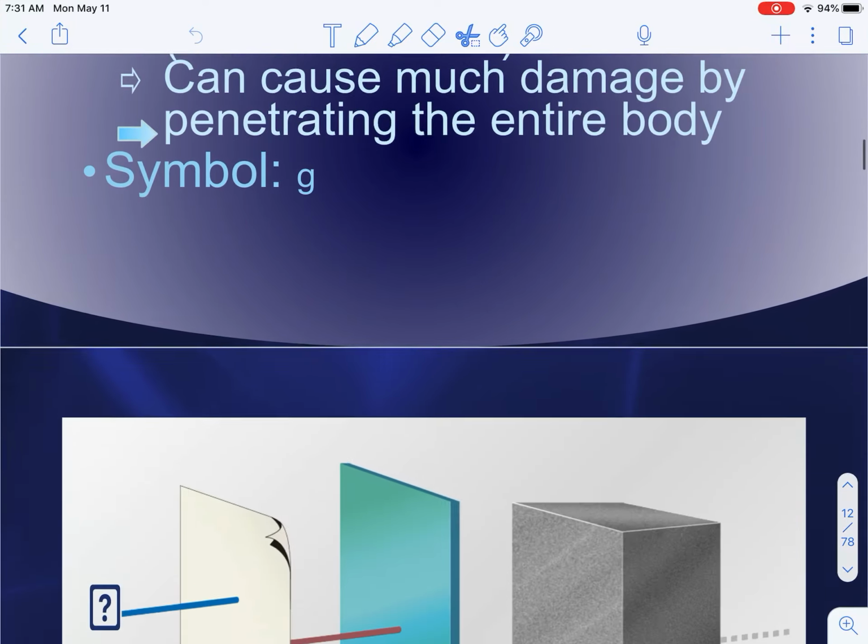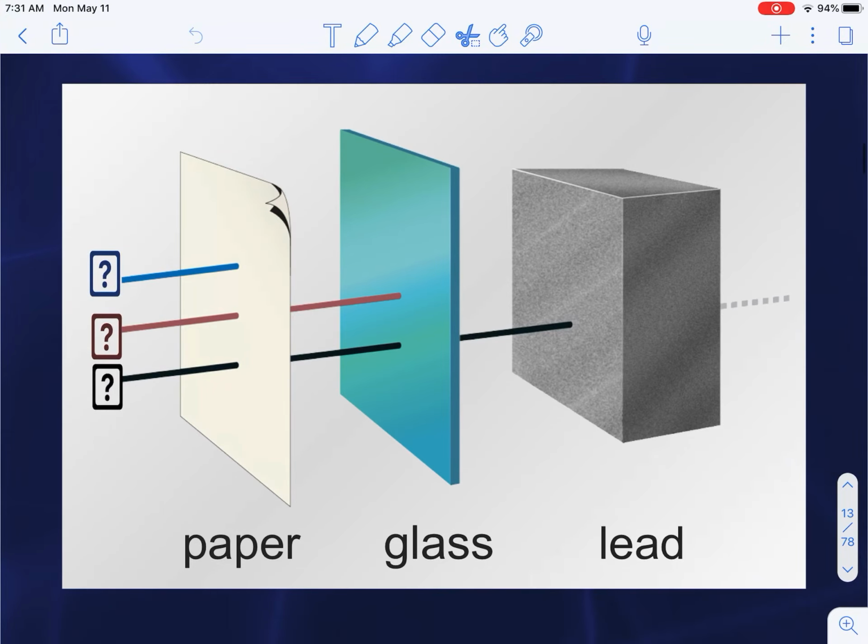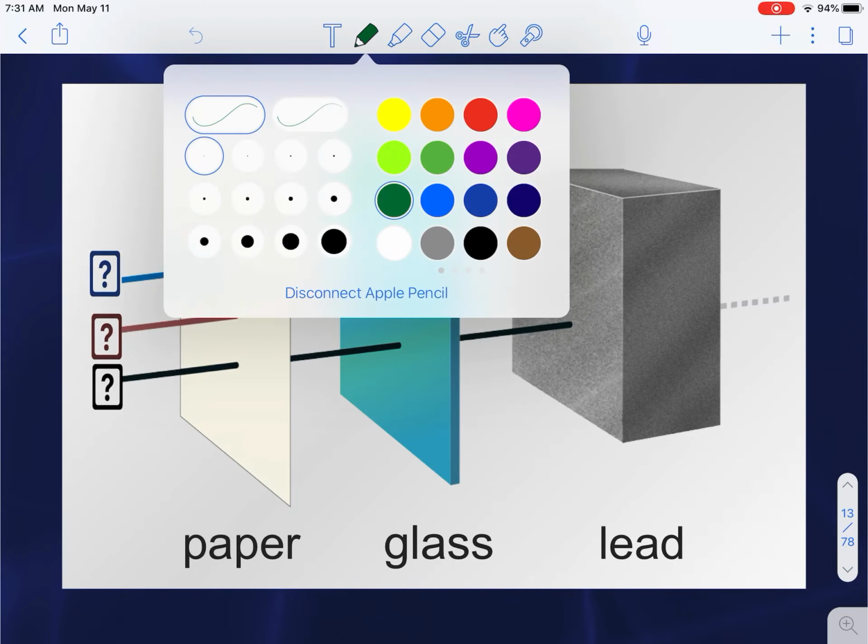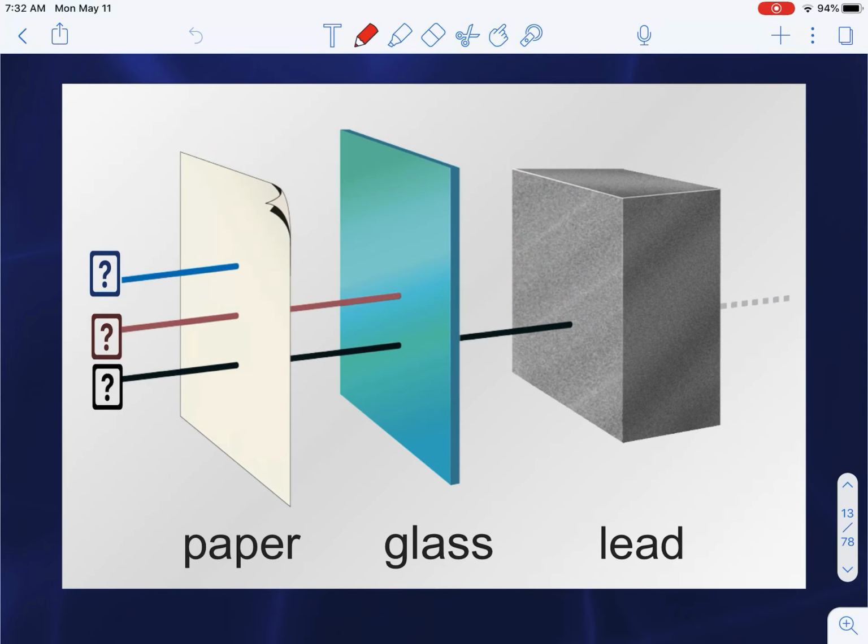So here's a picture that kind of shows whether it's alpha, beta, or gamma. Let me put these in here. Let me try and put them in red, see if that will show up. This is stopped by paper.